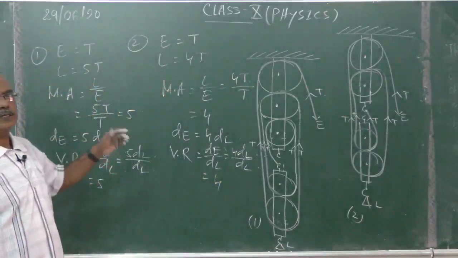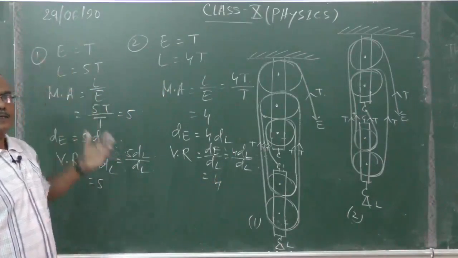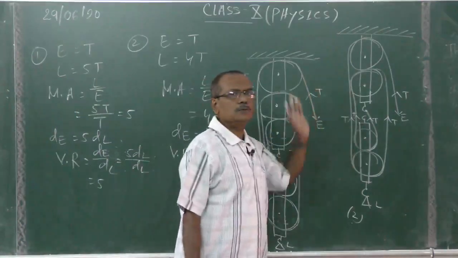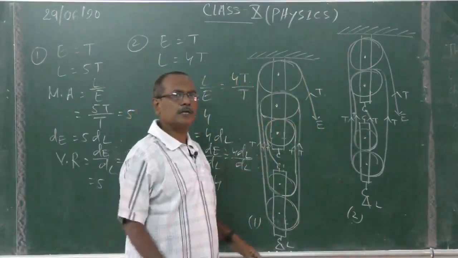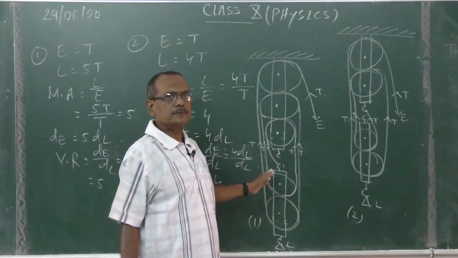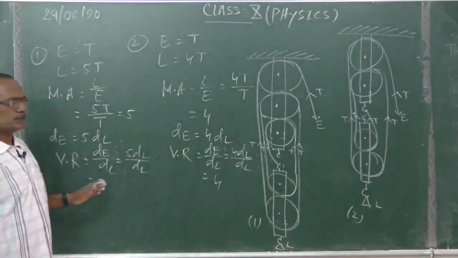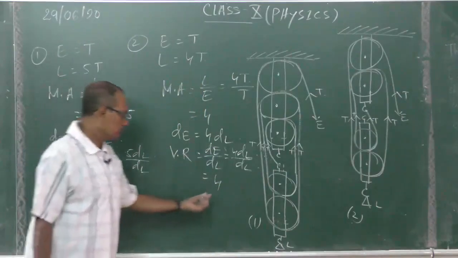The other way we can also say the number of pulleys is equal to the velocity ratio, that is 5, 4.